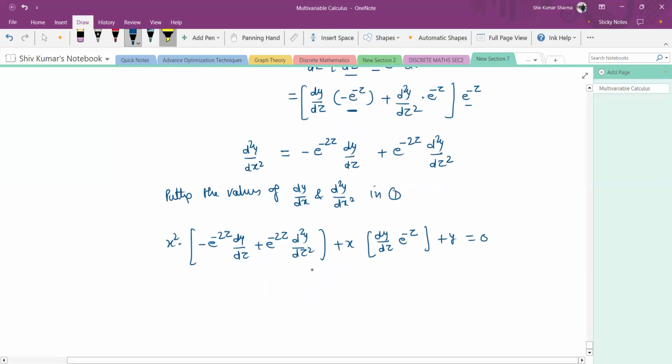We also change the value of x. We put x equal to e raised to the power z, so x square is e raised to the power 2z, and x is e raised to the power z.